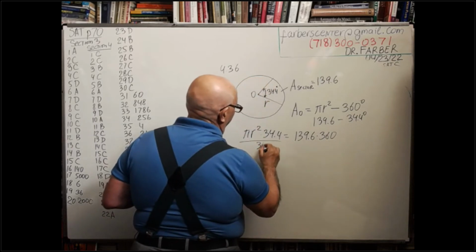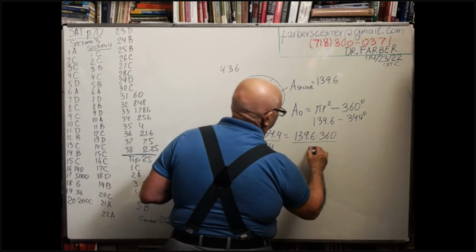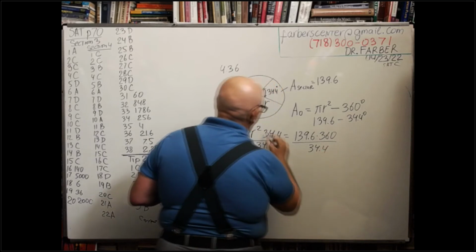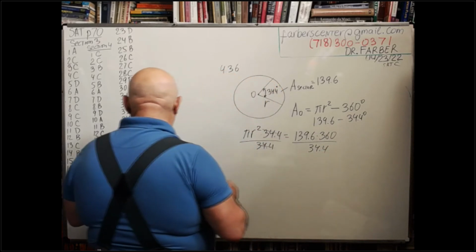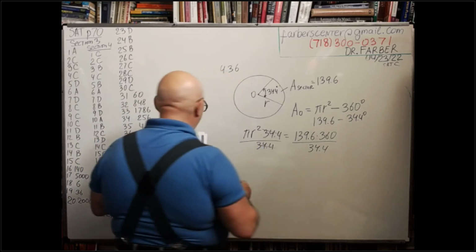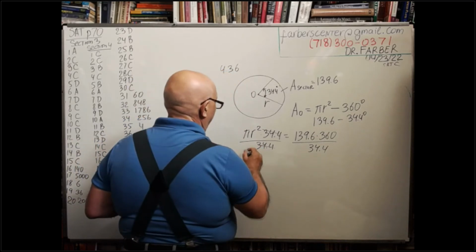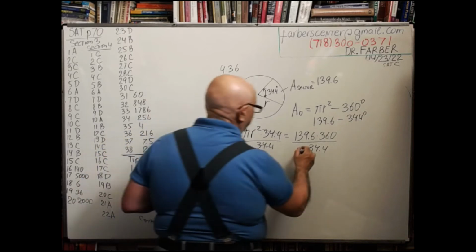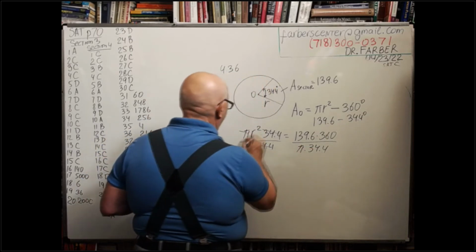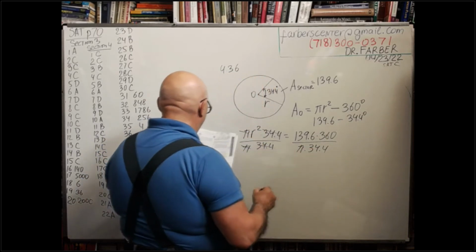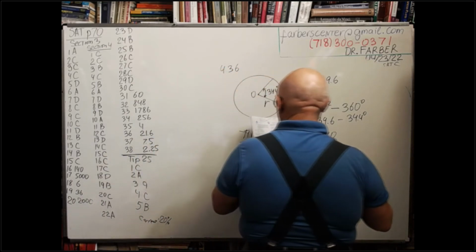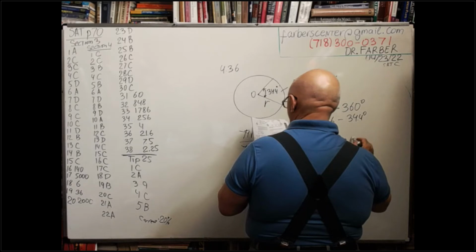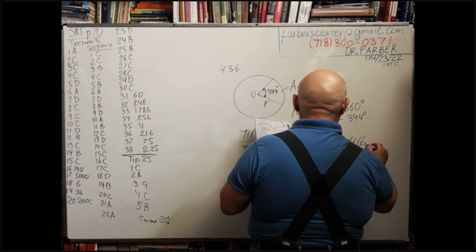Divide by 34.4 on both sides, and the 34.4 cancels out. And keep in mind pi is 3.14. Divide by pi on both sides. Okay, plug in 3.14, and what do you get? You get this one, 468.384.